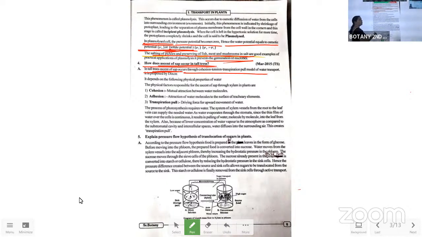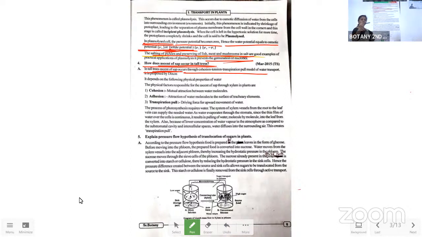Okay, so how does this occur? When the water molecules have to be moved from the soil to the tip of the stem, here also you can see my action. I am doing like this, that means a pressure is taking up. Otherwise, you can feel the pressure is applied by my fingers, isn't it? Whenever I'm holding a thing, I'm holding with the pressure and pulling from this hand to this hand.